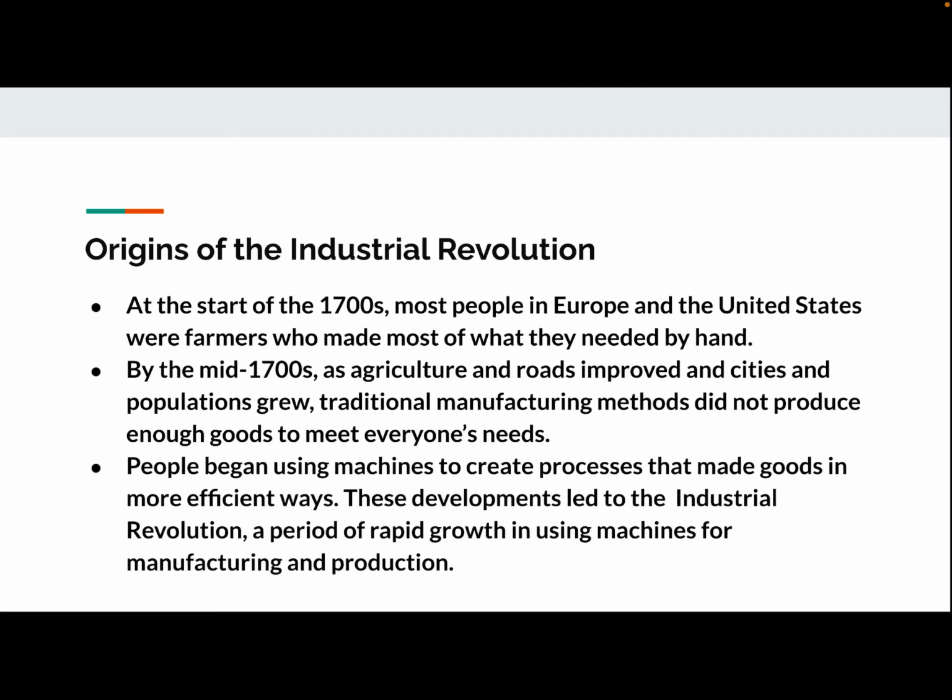You may be wondering, we talked about the American Revolution and the French Revolution. Those were what? Wars. Is this a war? No. The word revolution doesn't necessarily mean war. It is used in a lot of wars, but a revolution means that it was revolutionized.